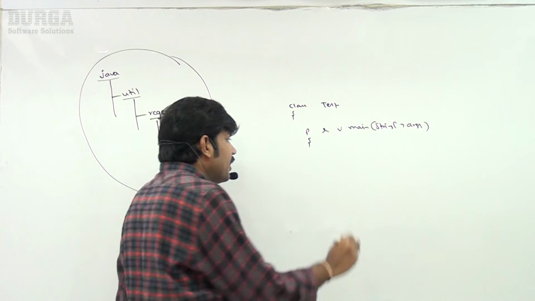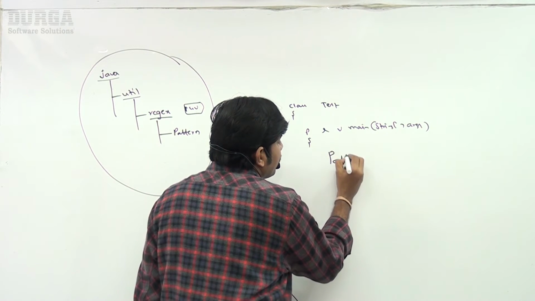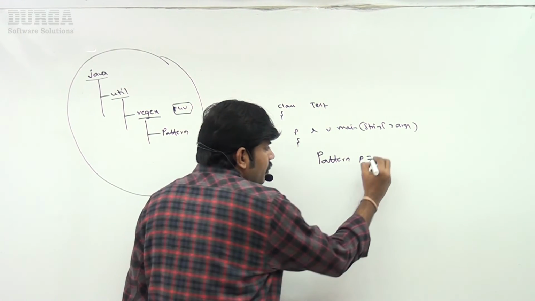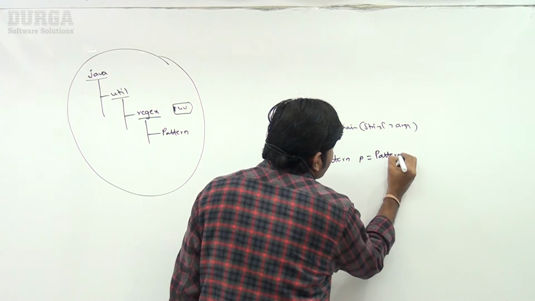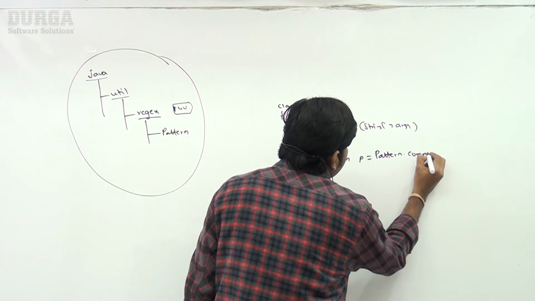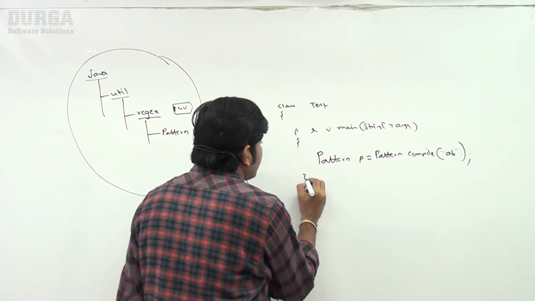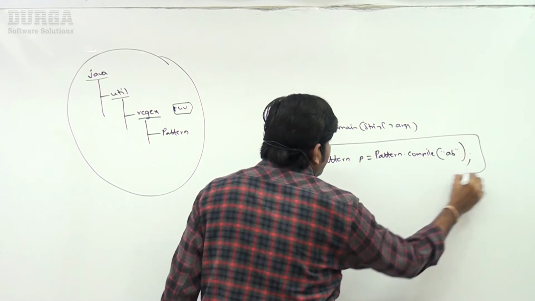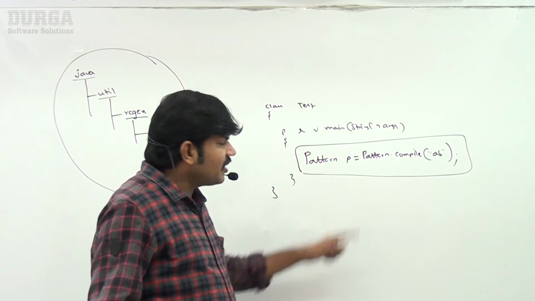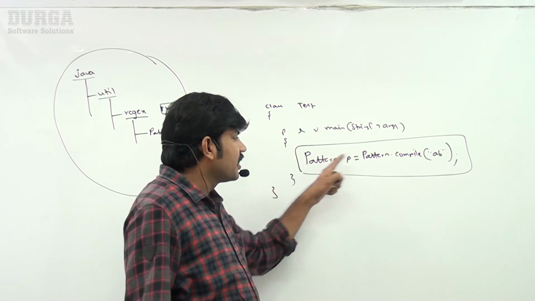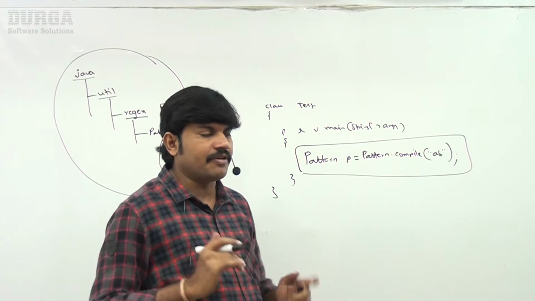Let me create a Pattern object. Pattern p is equal to Pattern.compile("AB"), like this I'm taking, sir. Don't worry about the meaning of this line, it is not in our context; I'm just creating a Pattern object, that's all you should be aware of.